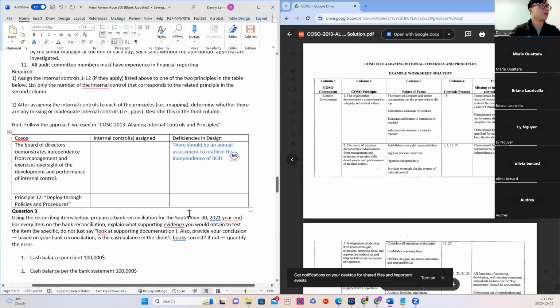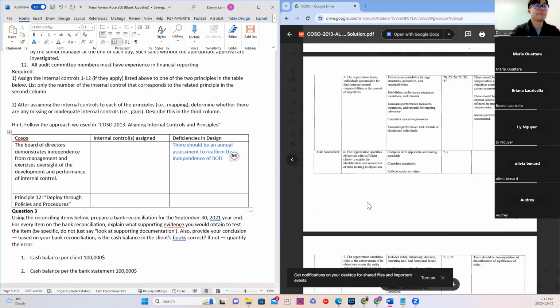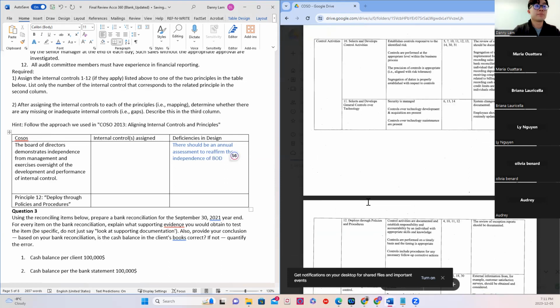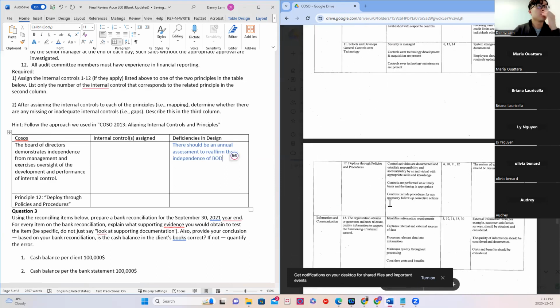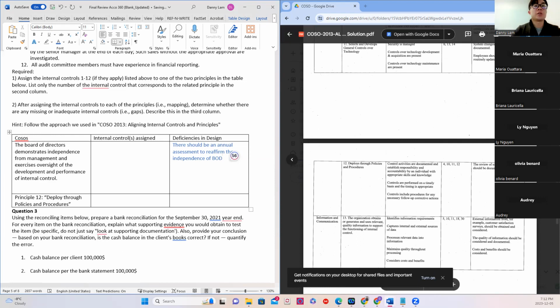And the next one, principle 12. The review of exception reports should be documented.